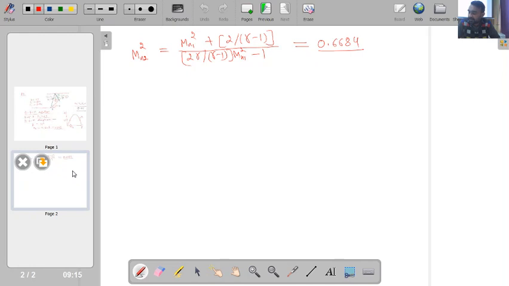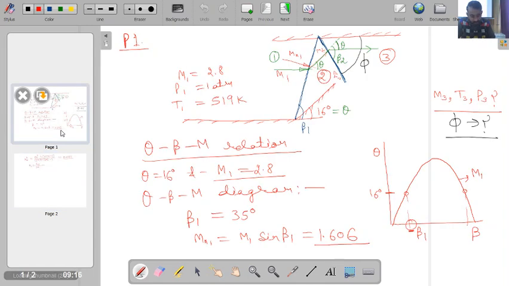What will be the relationship? M2 will be nothing but equal to Mn2 divided by sine of, you simply see this thing.